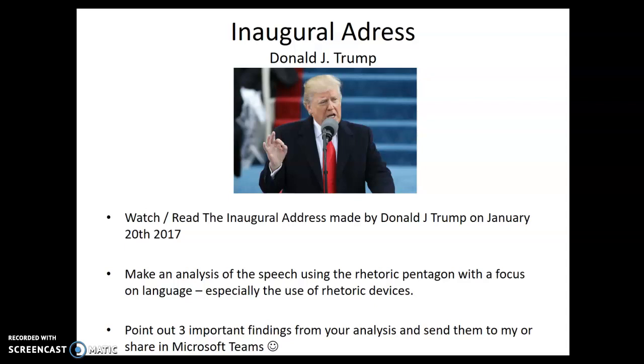Just three important findings from your analysis, and send it to me or share it in Microsoft Teams in our English team, and that will be enough for me. And hopefully we'll have time to go through some of this when we meet up before the exam.